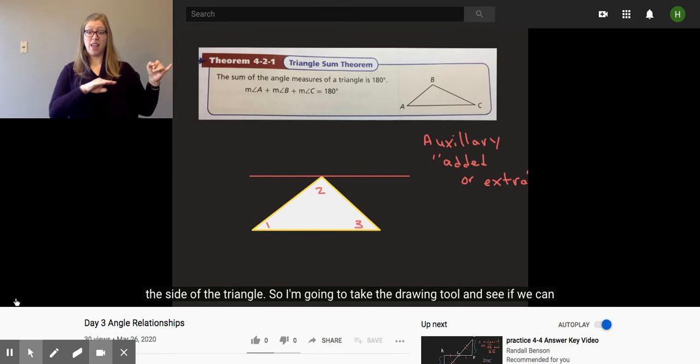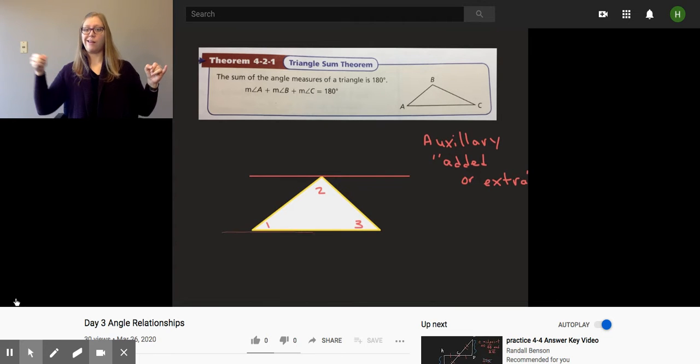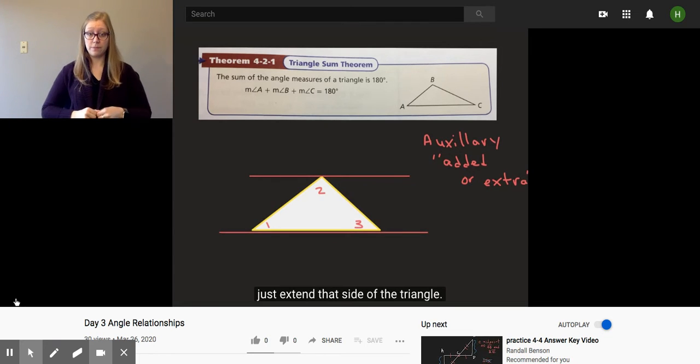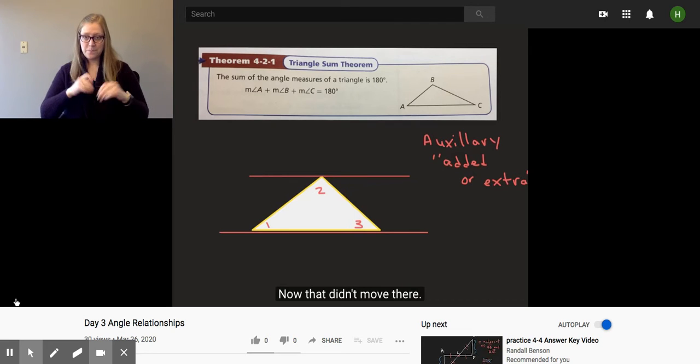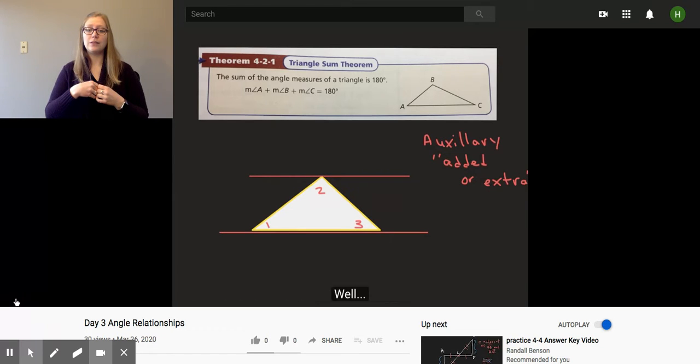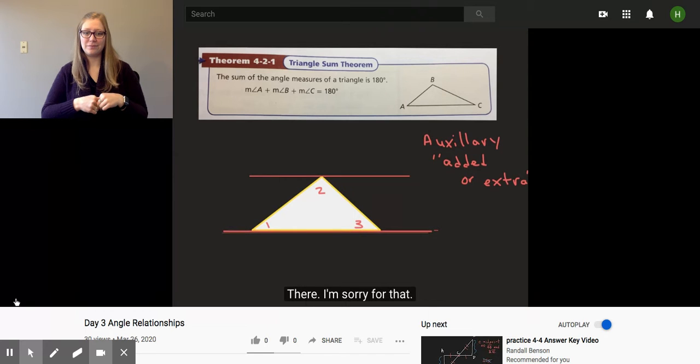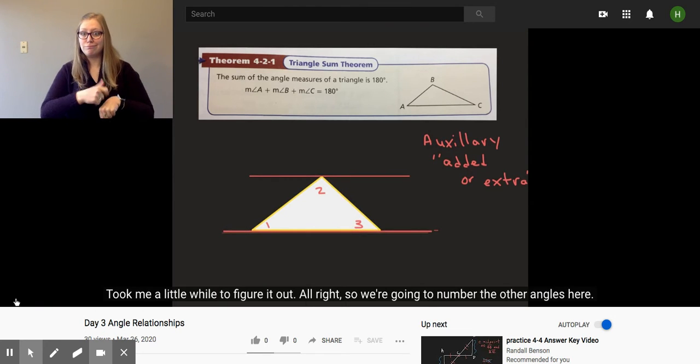So I'm going to take the drawing tool and see if we can just extend that side of the triangle. This time I want to move that line to be right there. Sorry for that. It took me a little while to figure it out.